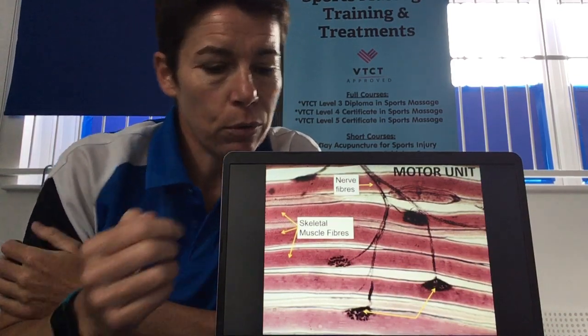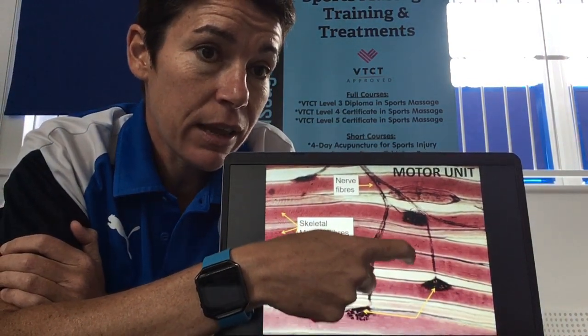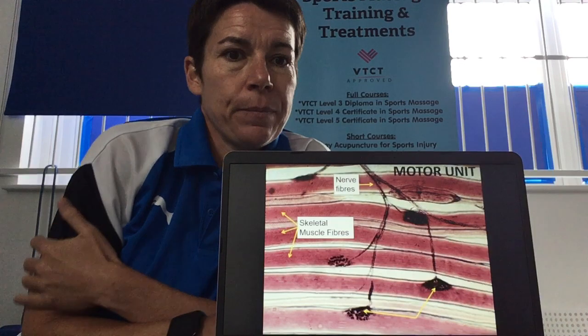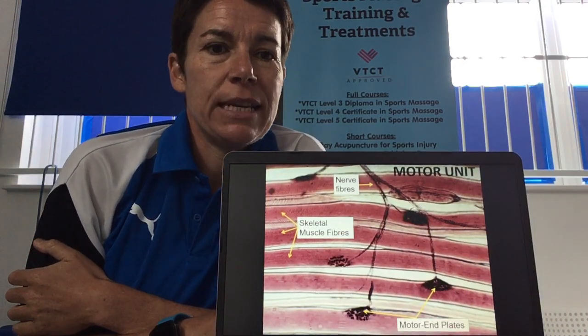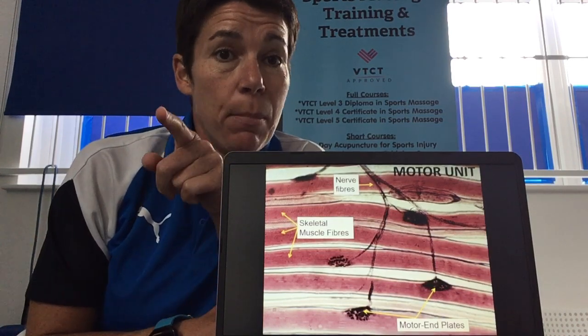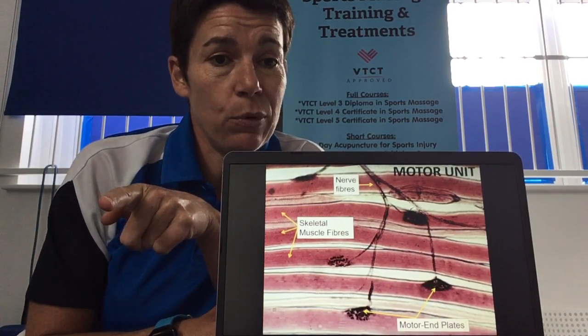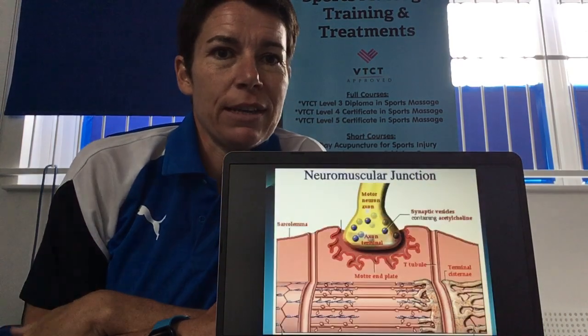Each tiny little line that goes down here is the sarcomere. Motor end plates are where the nerve ends, and that is where the stimulation happens. That's where the impulse will jump across, and we'll look at that, to the muscle fibre to tell it to contract.